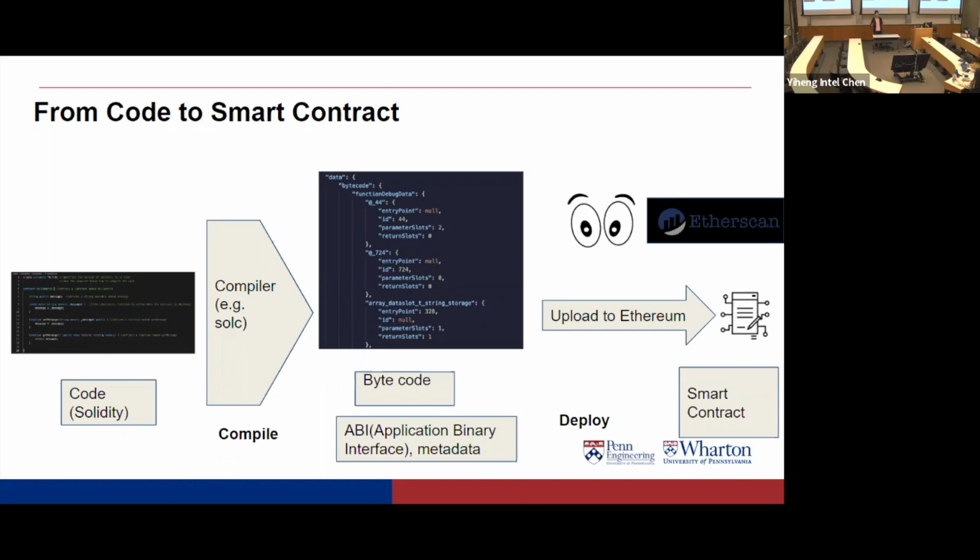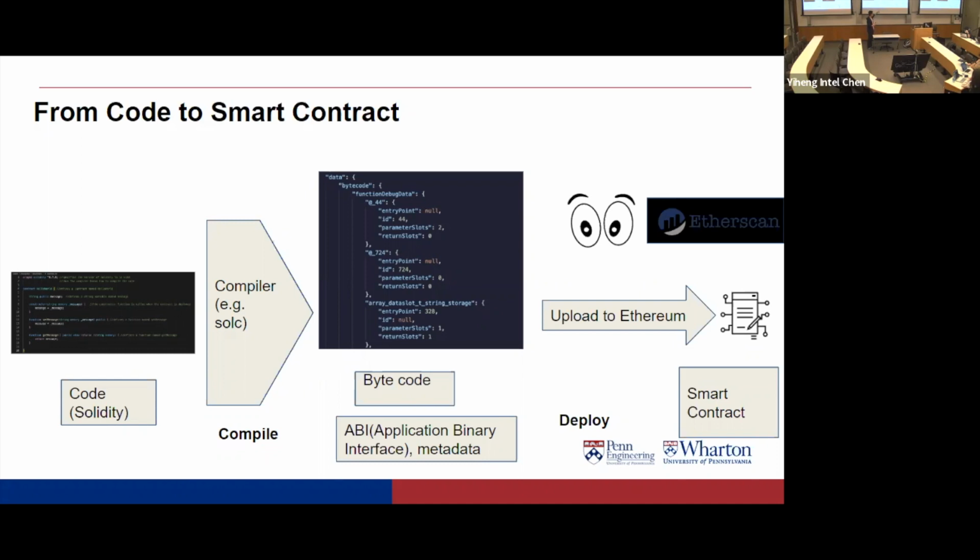So I will tell you exactly how to speak to me and what exactly to tell me so I can do the things you want for you. That's ABI, application binary interface. And lastly, you have some metadata. Metadata is data about the data. It essentially includes information about the smart contract.